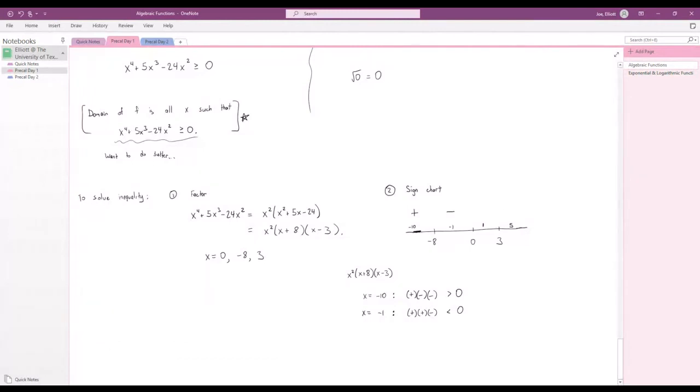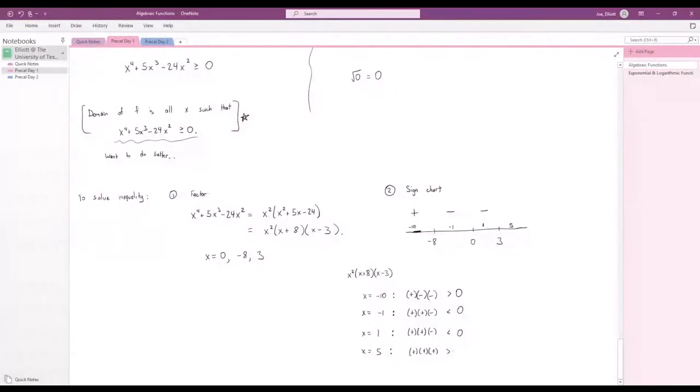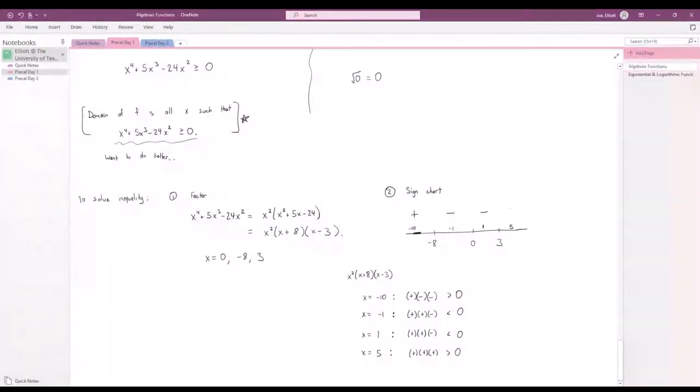Let's plug in the test point +1. If I plug in 1 for x, positive, positive, negative, so it's going to be negative again there. And if I plug in 5 for x into each of these 3 expressions, everything's going to be positive, so it's greater than 0, and positive overall.